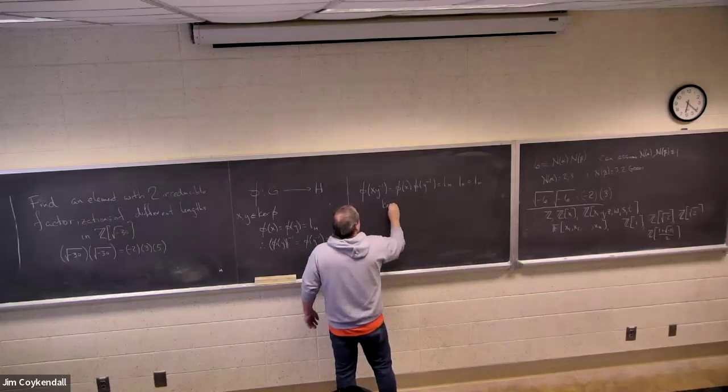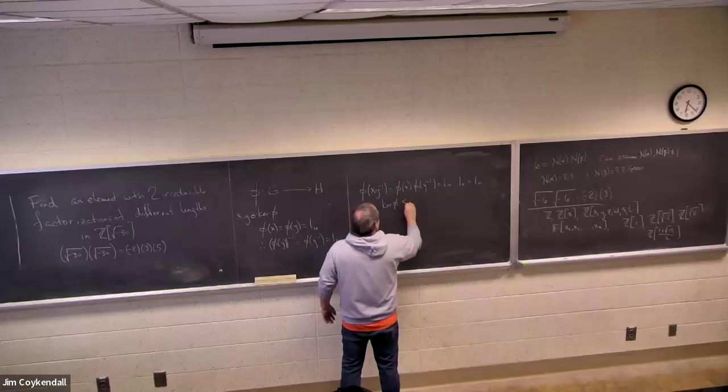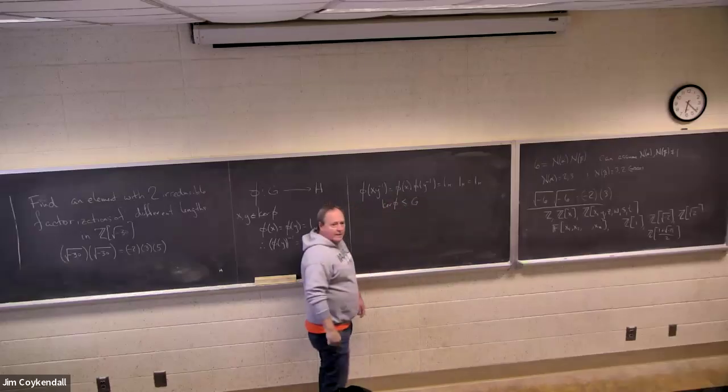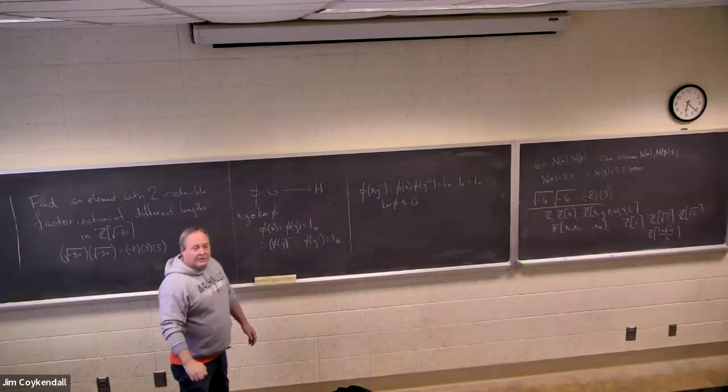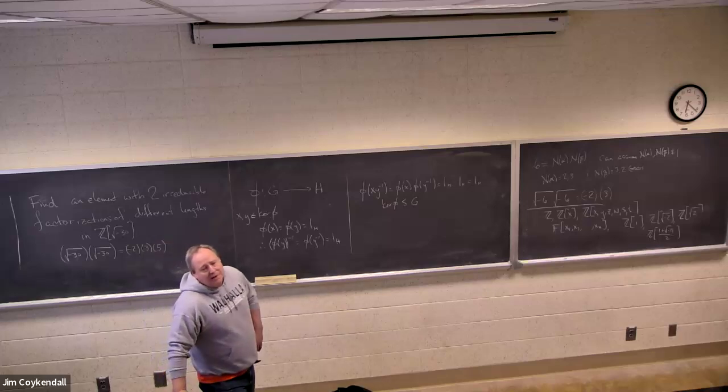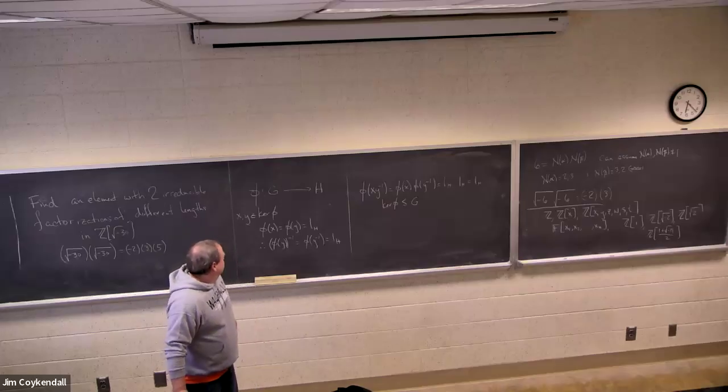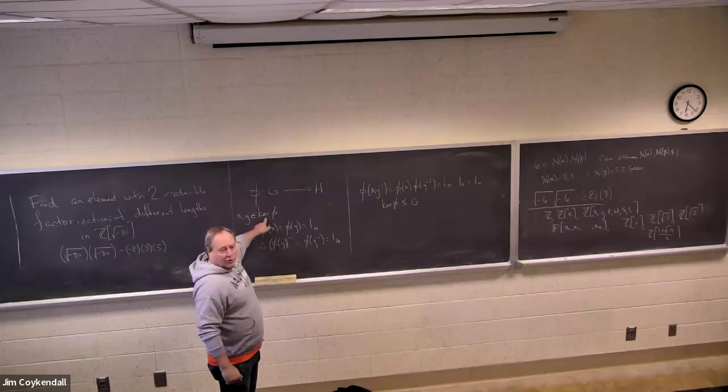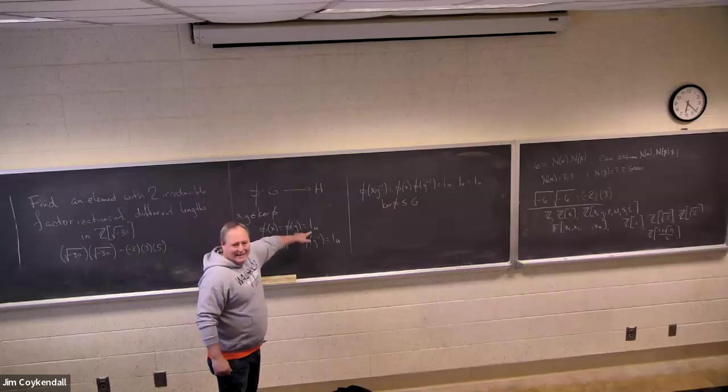So the kernel of phi is a subgroup. That's the subgroup criterion: for a random pair of elements x and y, x y inverse is in the kernel. Why does phi of x equal phi of y? Because I'm assuming they're in the kernel, so they're both the identity.